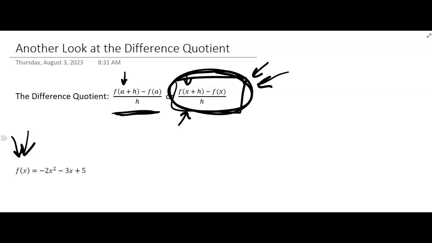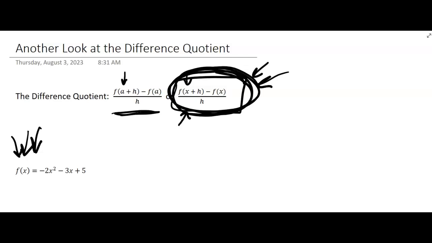This is a quadratic polynomial function, but you could make it just a linear function or something else. It doesn't change how we find the difference quotient, okay? So you're using this function, but you're finding this. This is what you're trying to find. So hopefully that helps a little bit.